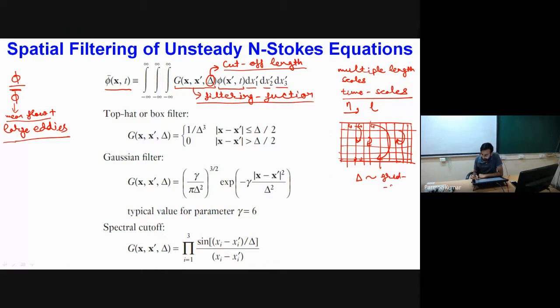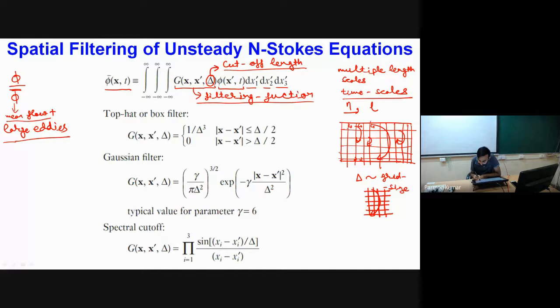Why? Let me explain. Here you can see I have drawn a situation like this. For some of the eddies we have a number of grid cells present. For example, this eddy is represented by, or participating in, a number of cells, so I can properly resolve this turbulent eddy.